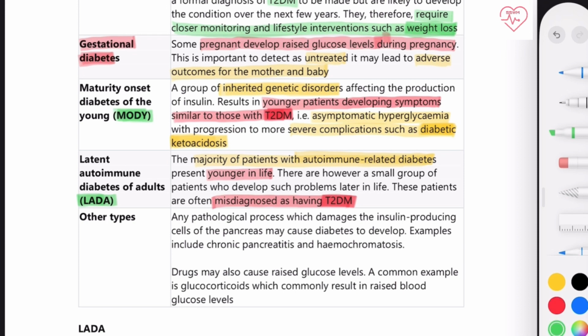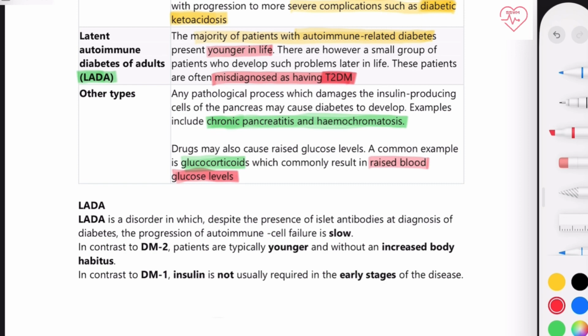Possibly chronic pancreatitis and hemochromatosis. There are some drugs also which can raise glucose levels, and I'm talking about glucocorticoids, right? That can result in raised blood glucose levels.